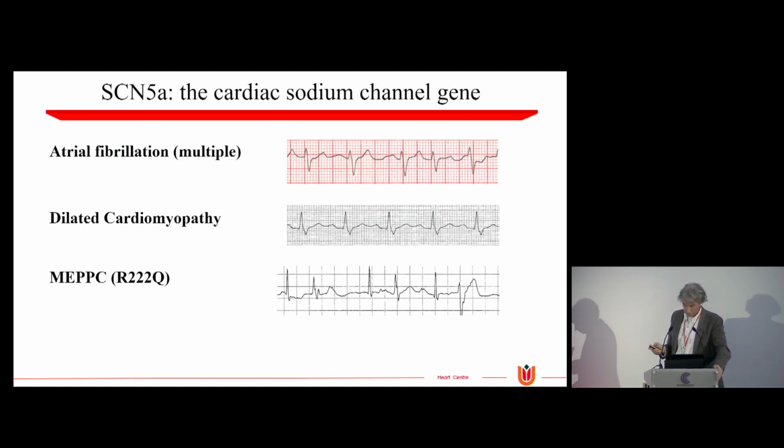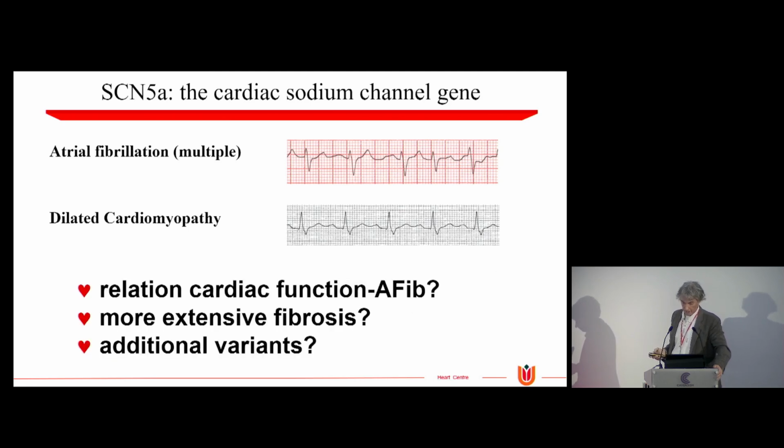So there are a number of other diseases related to the cardiac sodium channel: atrial fibrillation, particularly in young individuals, dilated cardiomyopathy, and this very intriguing phenotype of MEPPC, which all started with this particular variant. Now, I'll be brief on atrial fibrillation and dilated cardiomyopathy. I don't think we really understand why loss of function sodium channel variants lead to these phenotypes.